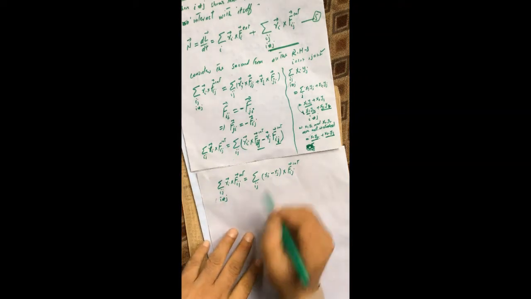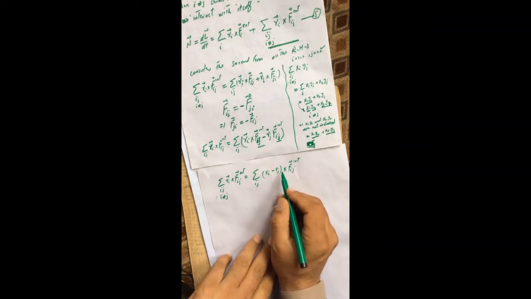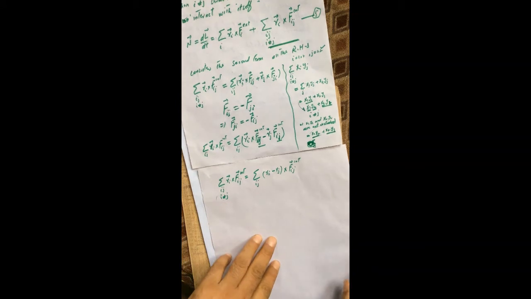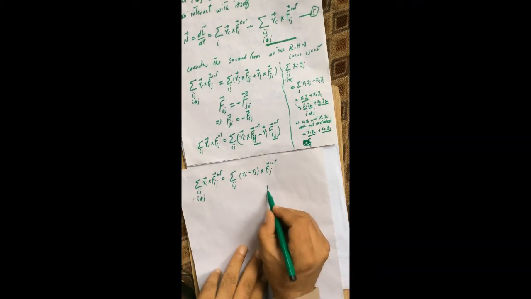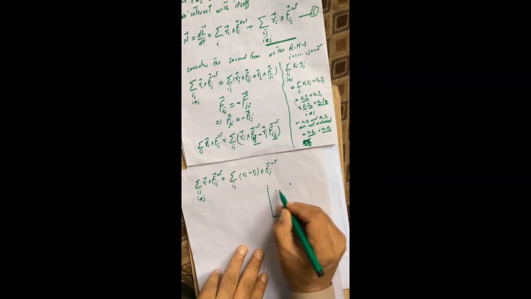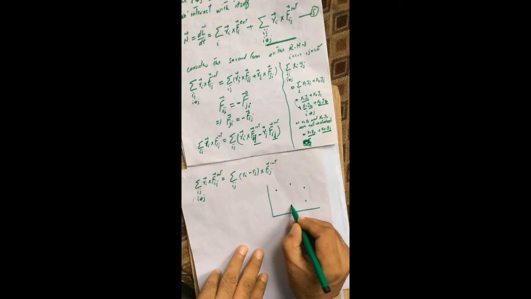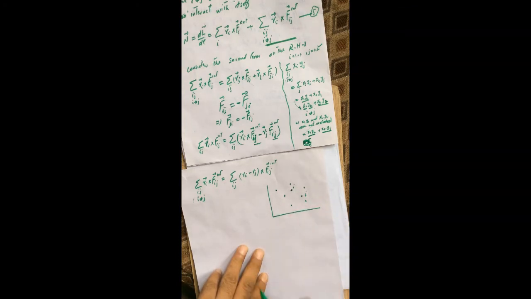Now what is ri minus rj? ri is the position vector of the ith particle and rj is the position vector of the jth particle. Suppose we have a system of particles. Let's suppose this is the ith particle and this is the jth particle.